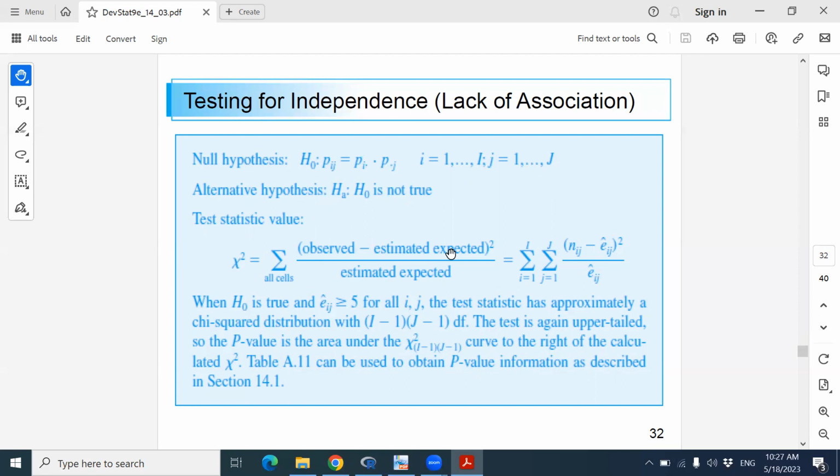Therefore, big values of the test statistic indicate more extreme evidence against the null hypothesis. So we try to reject the null hypothesis when the calculated test statistic is too large. How large, we use the p-value to decide. Again, the p-value in this case refers to the area under the chi-square distribution with I-1 times J-1 degrees of freedom, to the right of the observed test statistic value. That would be the p-value.